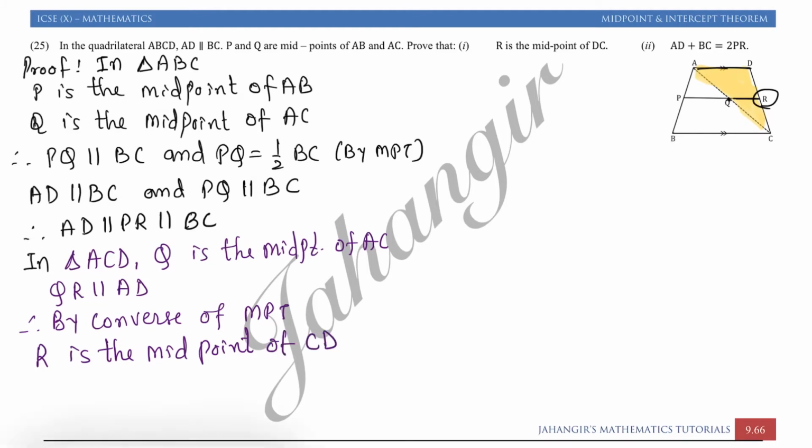So first part we got, instead of CD we can write DC as it's asked in the question. So first part is done.